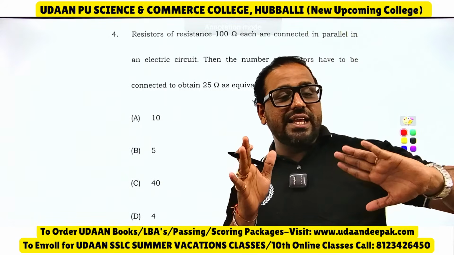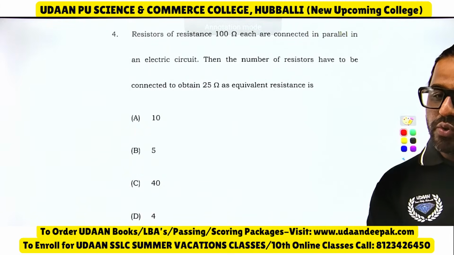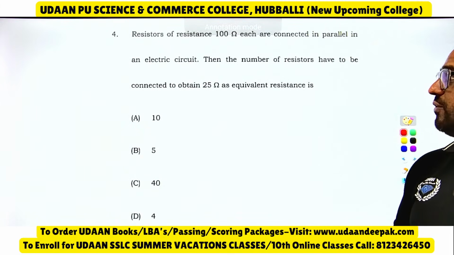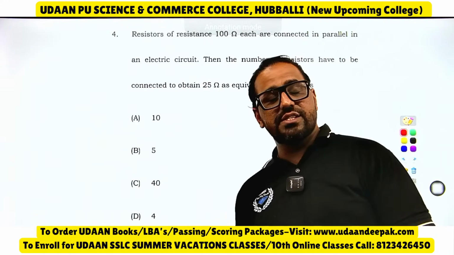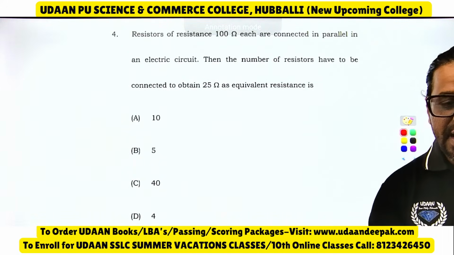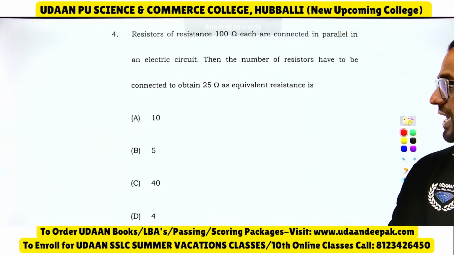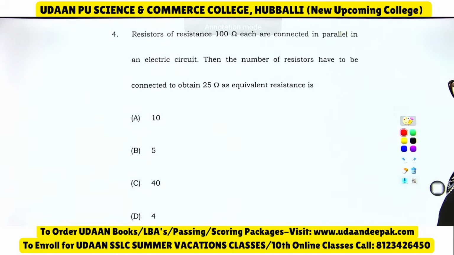We need to get a total resistance of 25 ohm. Then how many resistors do we need to connect? That is the question. Let me know the answer. Narsappa is telling A, Mituja is telling A. Yes, many of you are saying A.